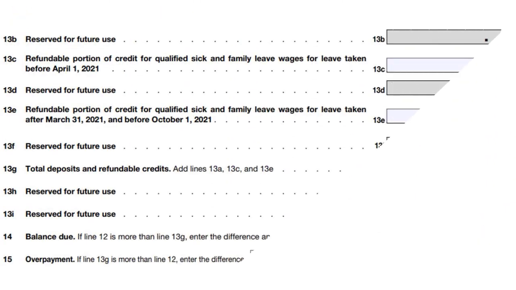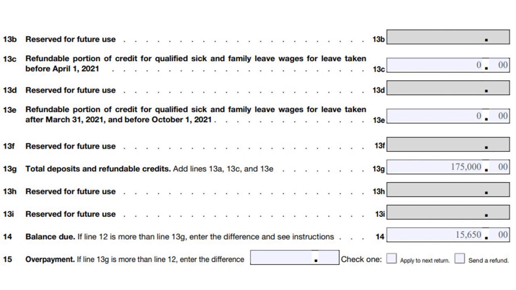And basically here you go to line 13g and put the same amount, and the balance due in our case is 15,650. So basically we owe the IRS, right? Because the total amount we owed was about 190,000, a little more, and we paid 175,000. So in this case, the balance due, if you do the calculation correctly, is $15,650.